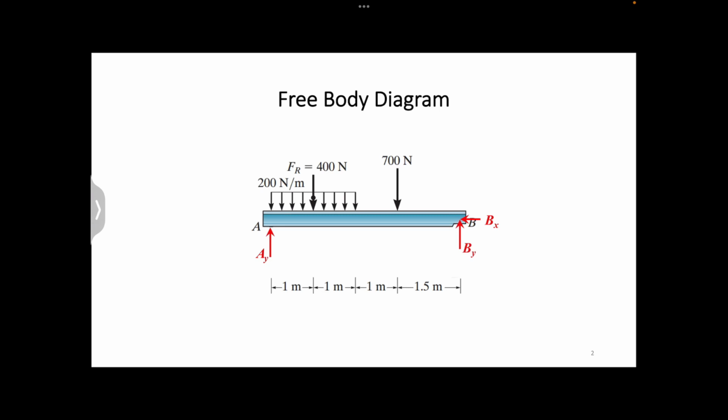So the only possible reaction produced by the roller at A will be a vertical upward force acting on the beam. As to the pin support at B, since it prevents the translation of the beam in both horizontal and vertical directions, the reactive force can be developed at B in both directions. Because both roller and pin supports do not prevent rotation, there will be no reactive moment.